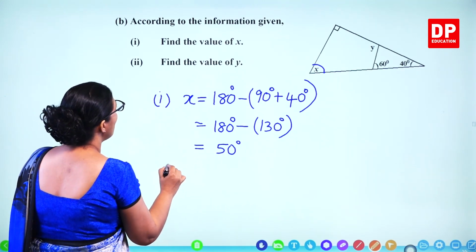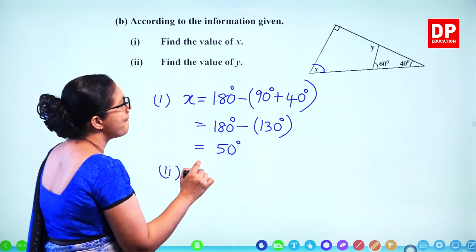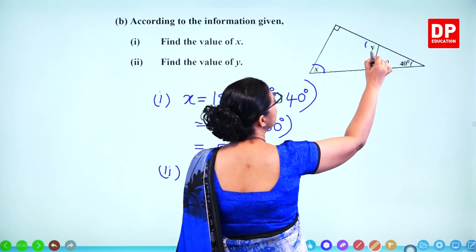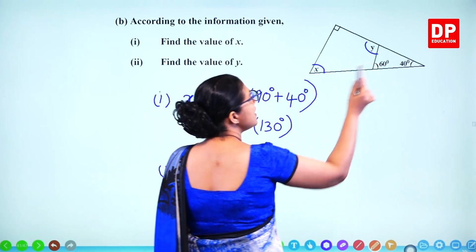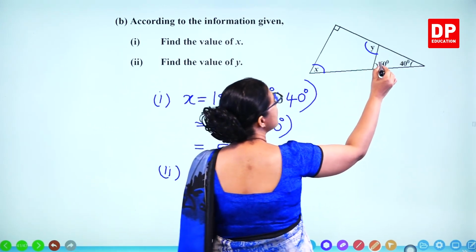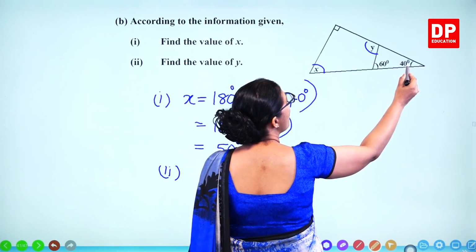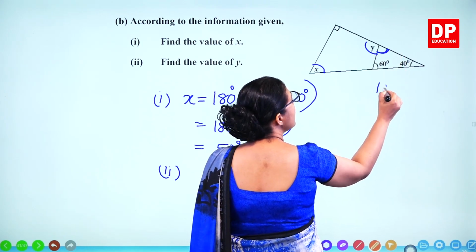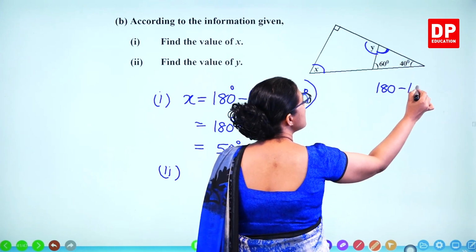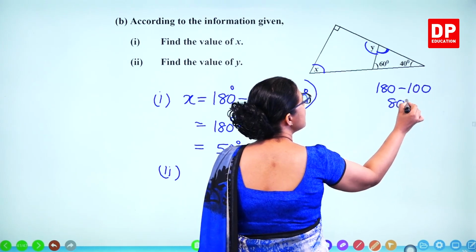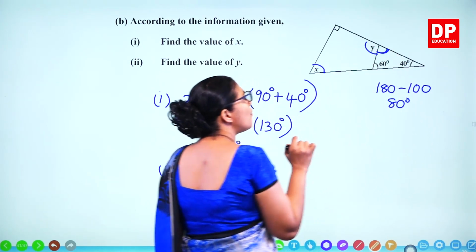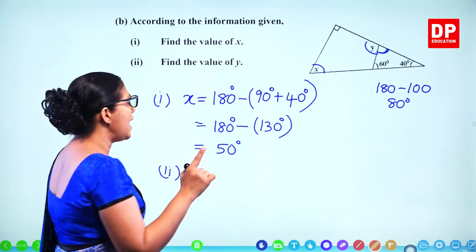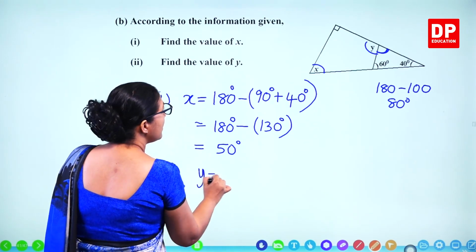Then what's the value of y? y is this angle. So we can see this is the same as now 60, 40. What is this angle? 180 minus 60 plus 40, 100. That's 80 degrees. If this is 80, what's the y value? 180 minus 80.